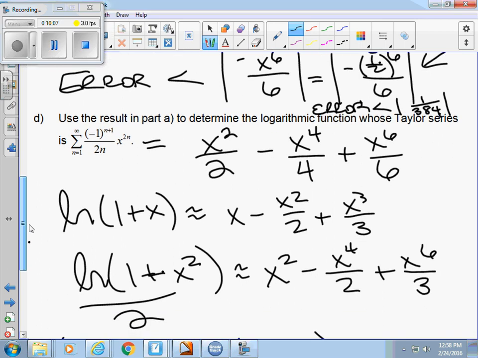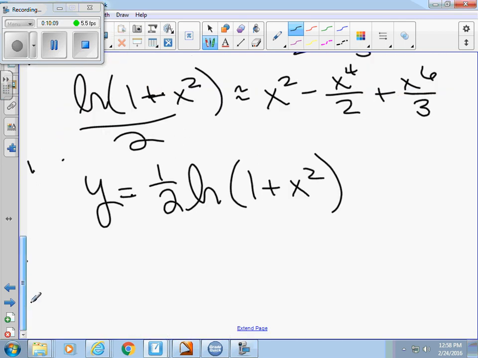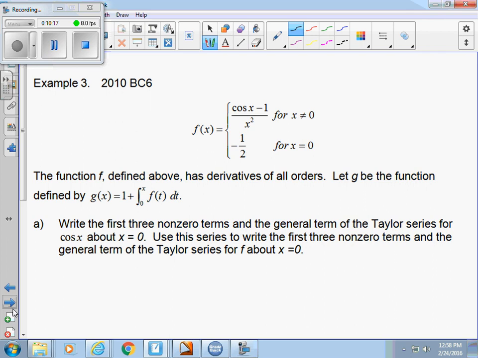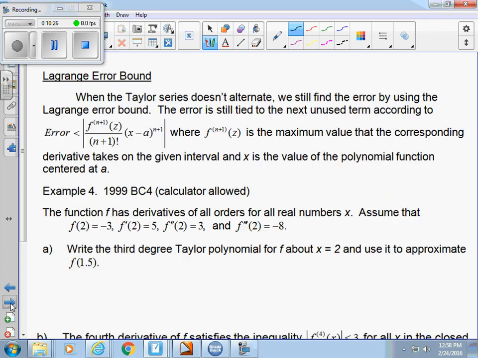I would say no, because it'd be really hard to get rid of the factorial. But I could always be proven wrong as well. So I'm going to skip this one for just a minute to make sure that we have time to get the Lagrange error bound in, but we will go back to that one.